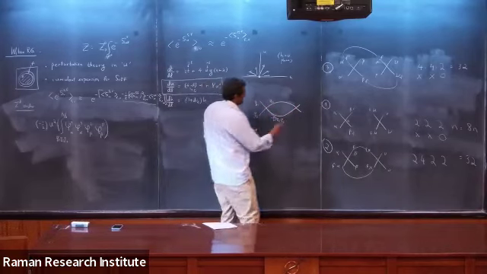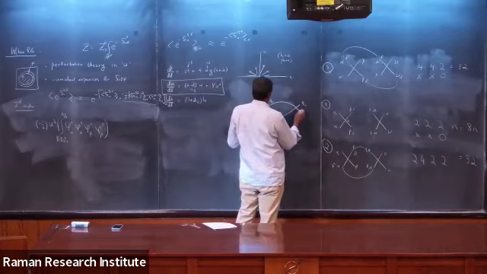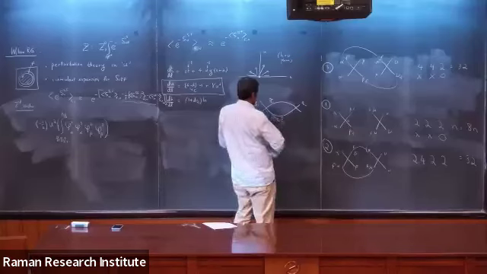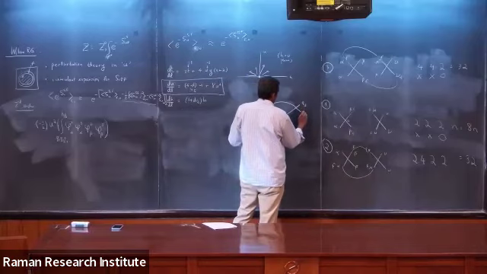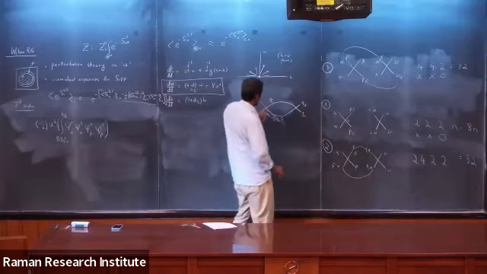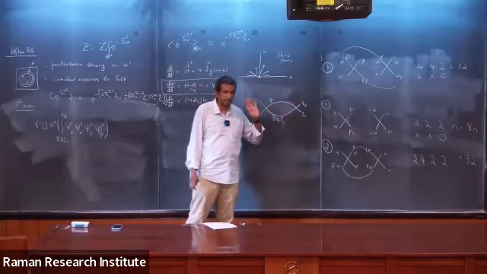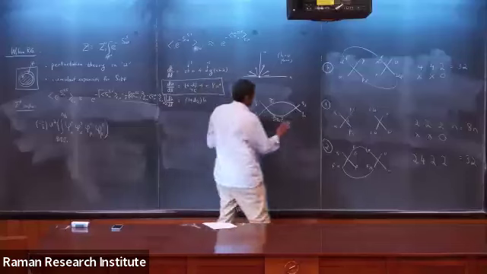When I come here, I could have had some Q4, Q5, or let me call this something else, Q12. And I could have had some Q3 and Q4. And I have to satisfy momentum conservation. So eventually 1, 2, 3, 4 will all add to 0.